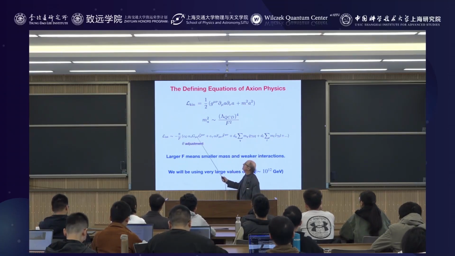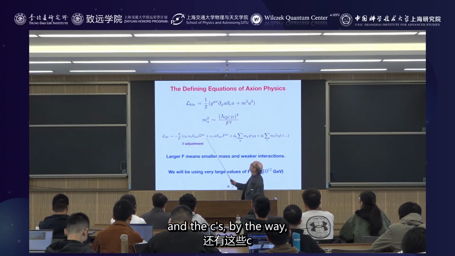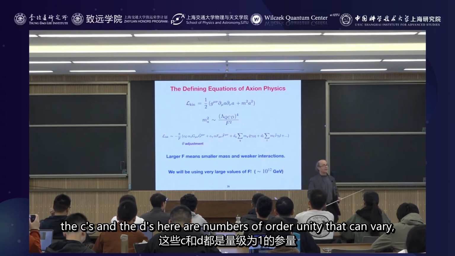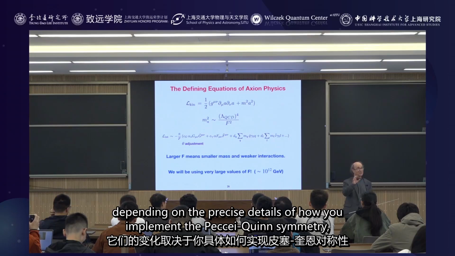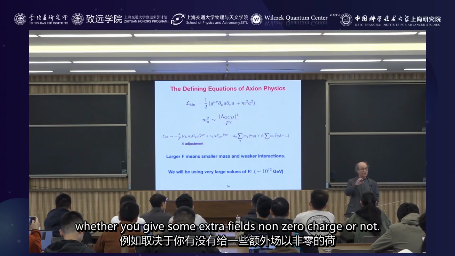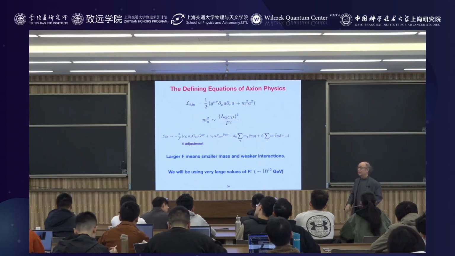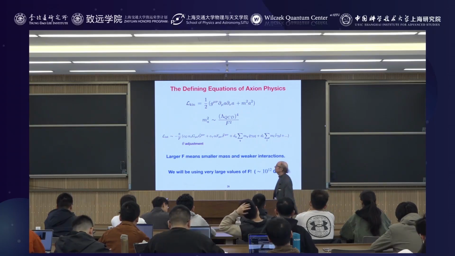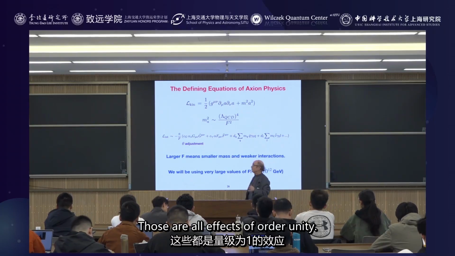The C's and the D's here are numbers of order unity that can vary depending on the precise details of how you implement the Peccei-Quinn symmetry, whether you give some extra fields non-zero charge or not. That affects what the current is and therefore what the coupling is. But those are all effects of order unity.